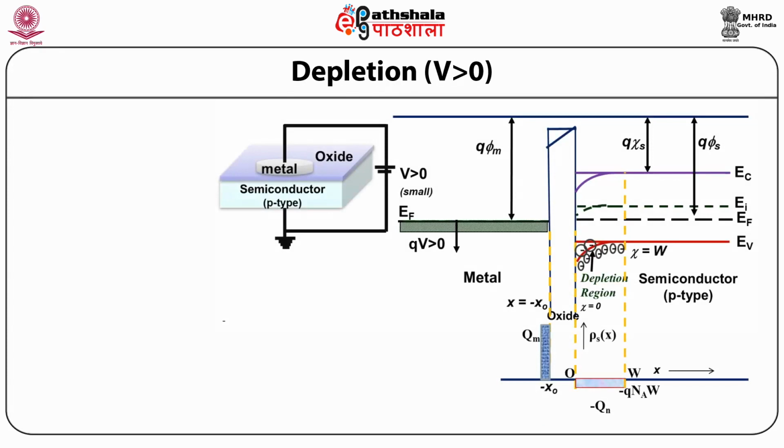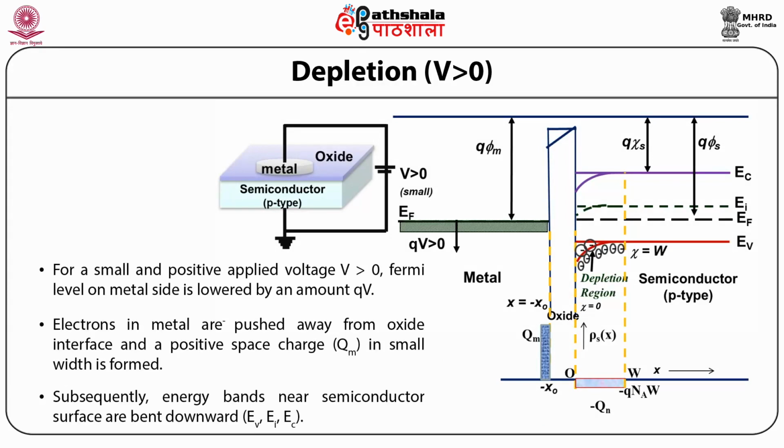Now the depletion condition corresponds to an applied bias greater than 0. So for a small positive applied bias, the holes are pushed away from the oxide interface.